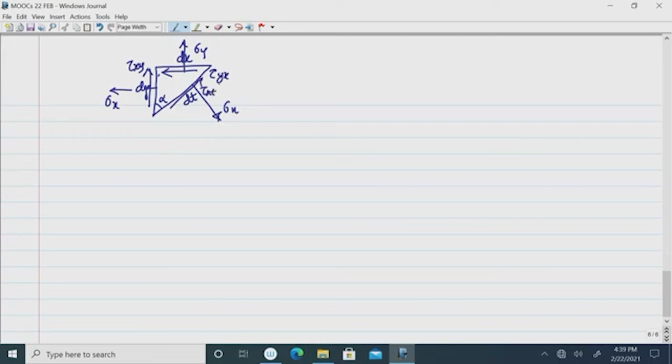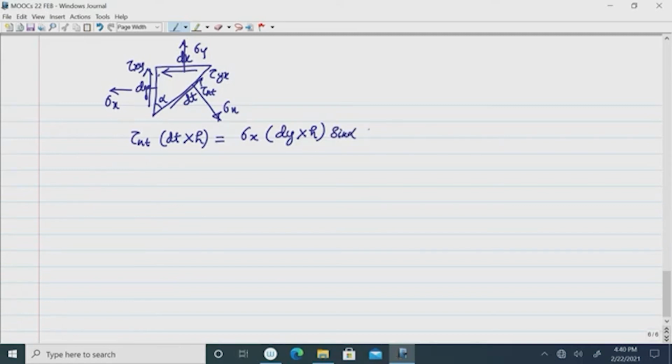So, tau nt is found after making the equilibrium equations for all the forces shown in the tangential direction. If I resolve the forces in the tangential direction, then we have tau nt into dt into h, the force in this tangential direction on this inclined face, equal to sigma x dy into h sin alpha.